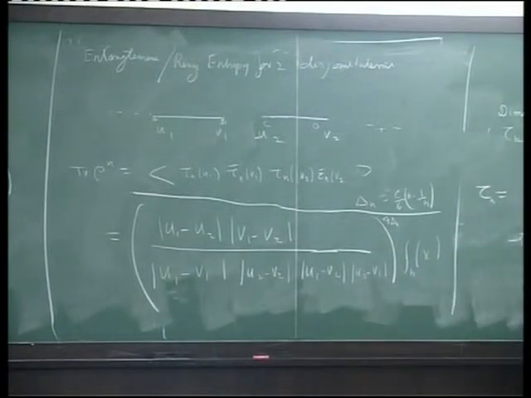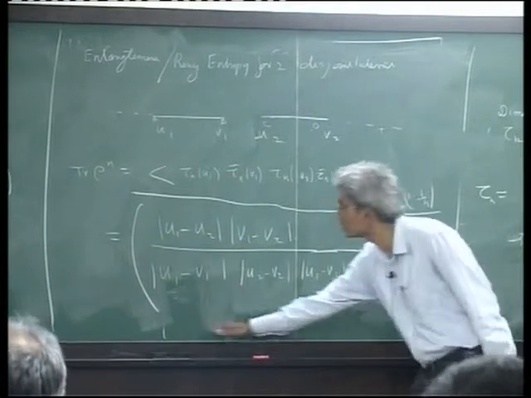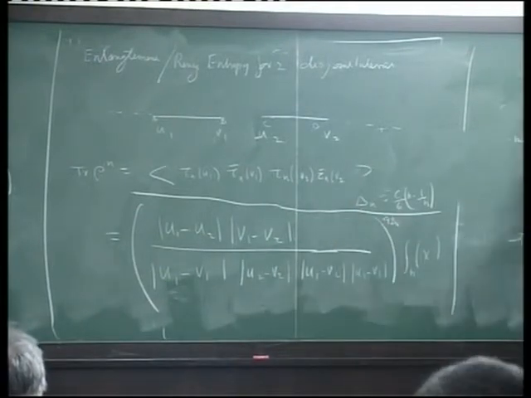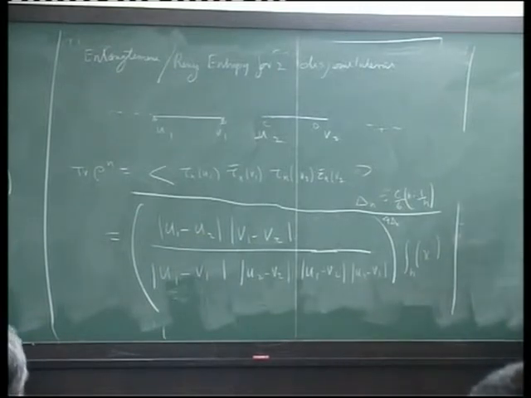This is by general conformal invariance. You can map it to this. I think people who know conformal field theory know this answer. So this much you can say first.